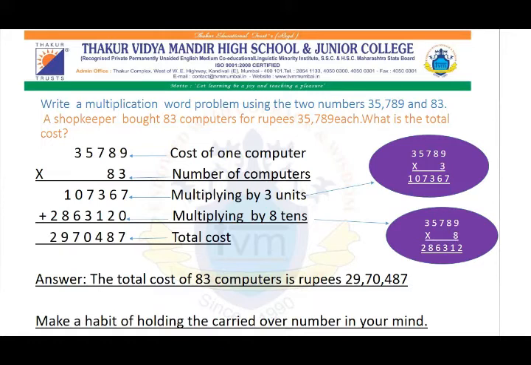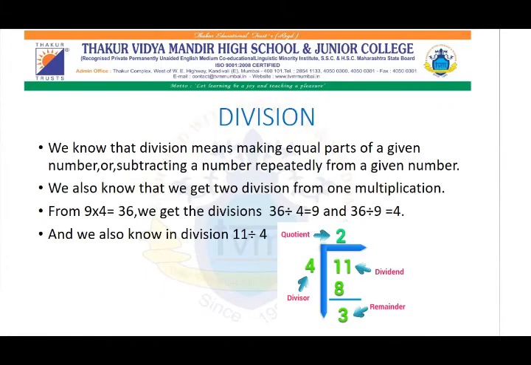Next we'll go for division. Now like multiplication, what do you know about division? We know that division means making equal parts of a given number or subtracting a number repeatedly from a given number. We also know that we get two divisions from one multiplication.